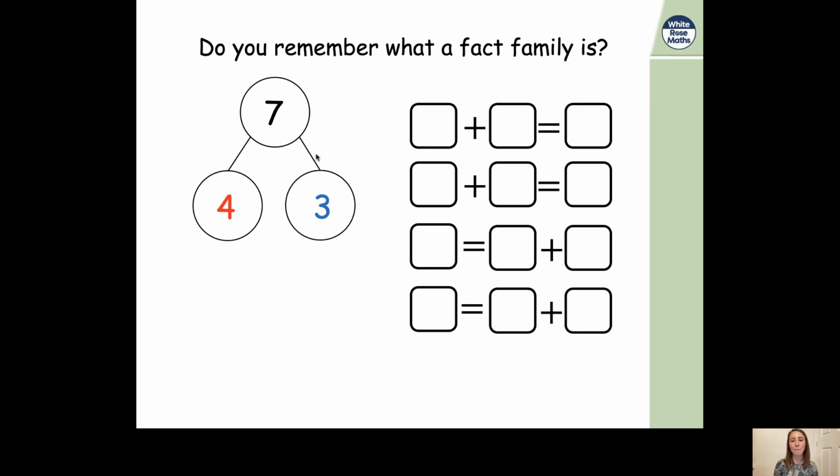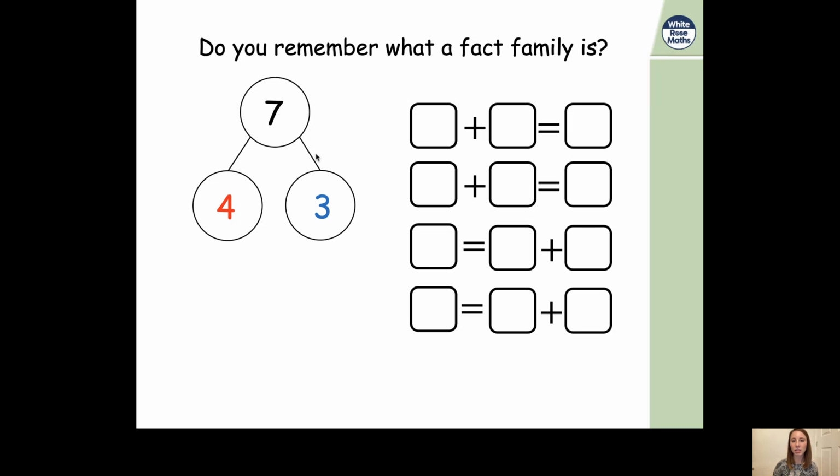Do you remember what a fact family is? A fact family is all the different facts we can write for our numbers that are parts and our whole. On the left of the screen, you can see we've got the number 4, the number 3, and the number 7. So 4 and 3 are our parts and the number 7 is our whole.